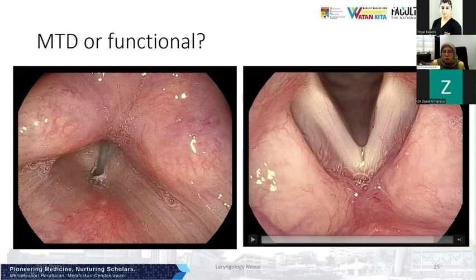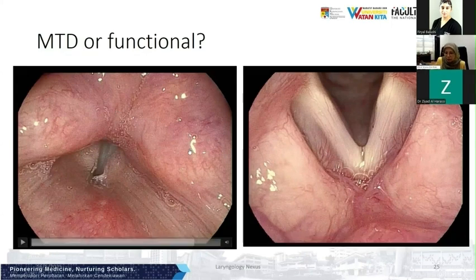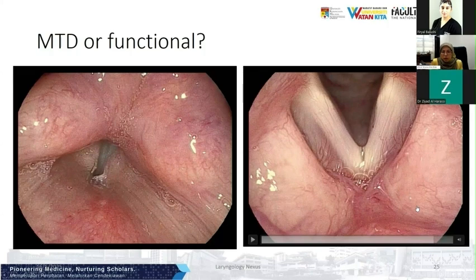So based on this laryngostroboscopy examination, based on my observation, the stroboscopy can help to tell you whether this is functional or muscle tension dysphonia. For me, the first video is muscle tension dysphonia. The second video is functional voice disorder, in which the patient forgets how to produce vibration of the vocal fold.